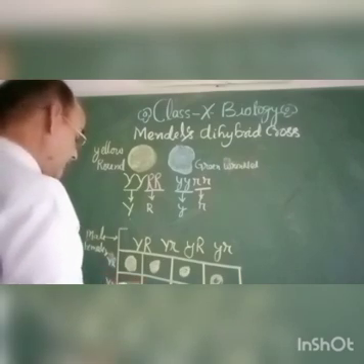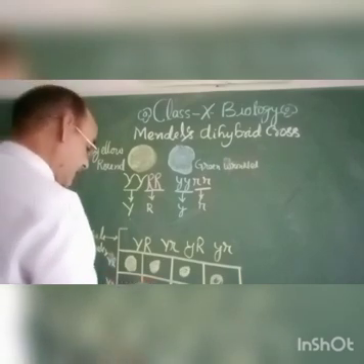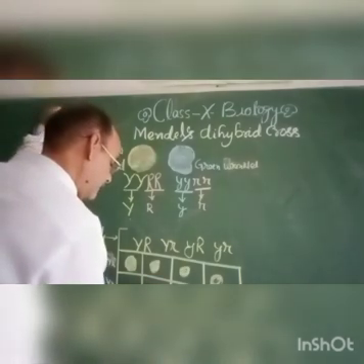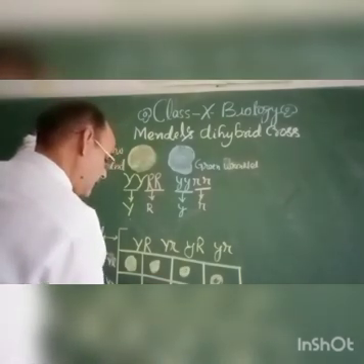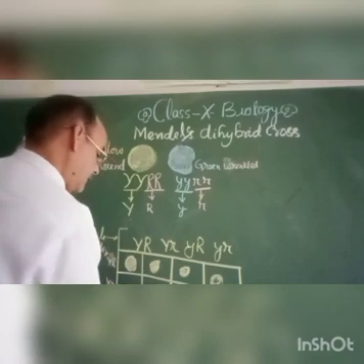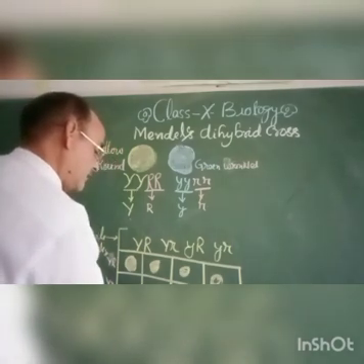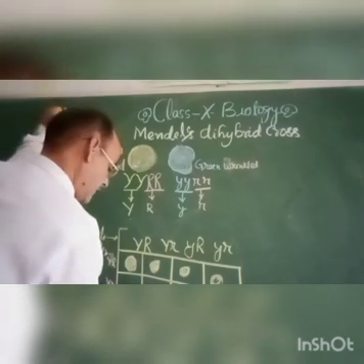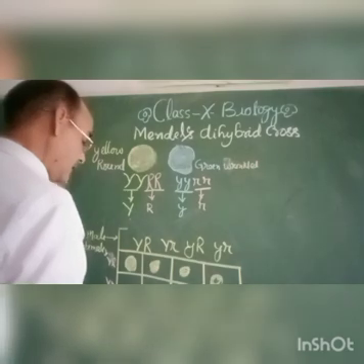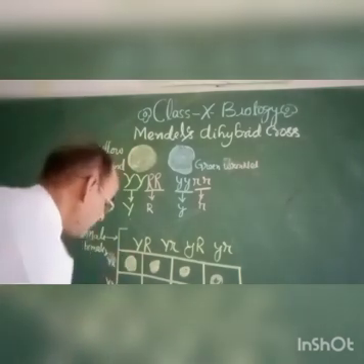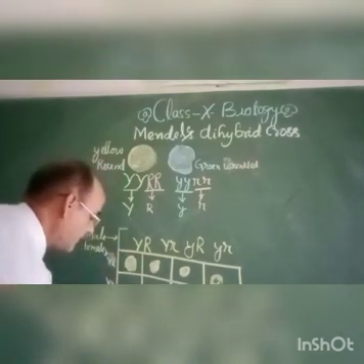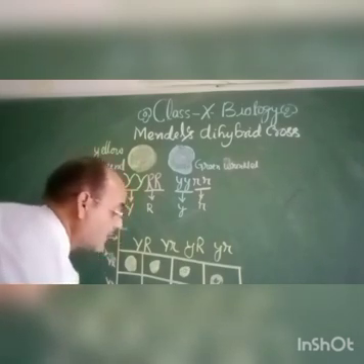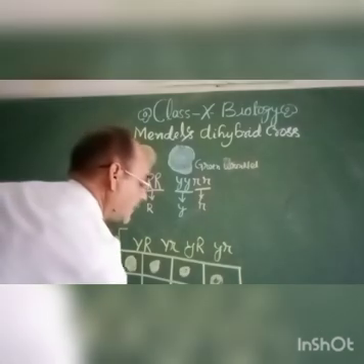And yellow and wrinkled will be 3. Green and round will be 3.